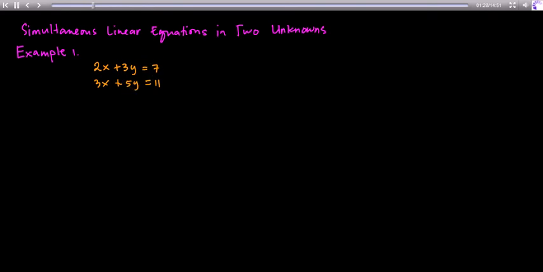So as you see here in my example, we have two equations. This is the first equation and this is the second equation. Now there are two common ways to solve simultaneous linear equations.